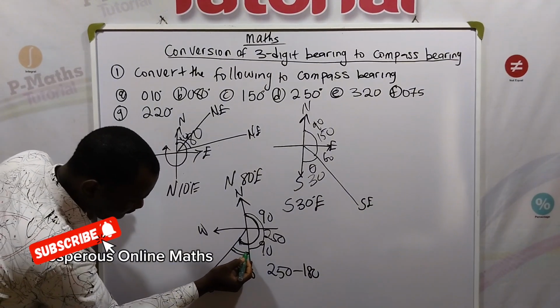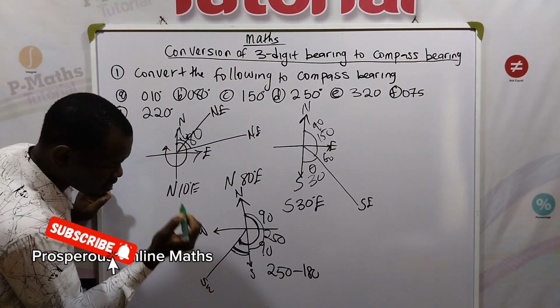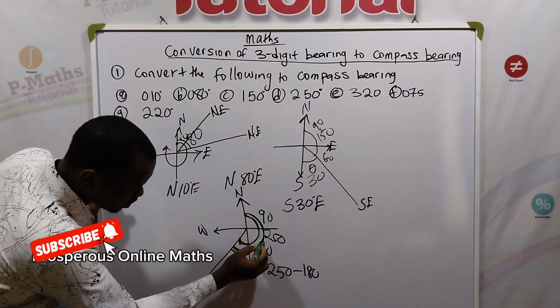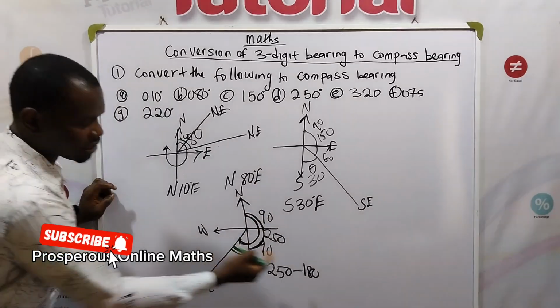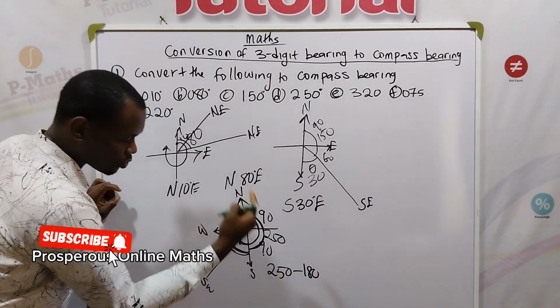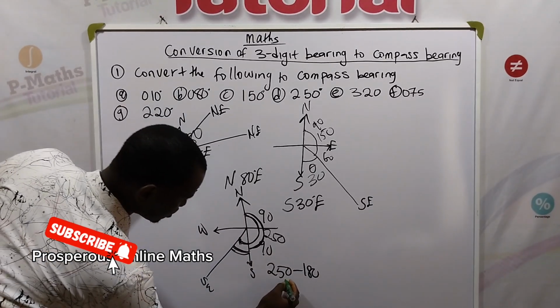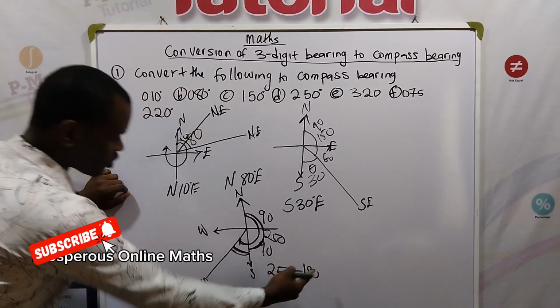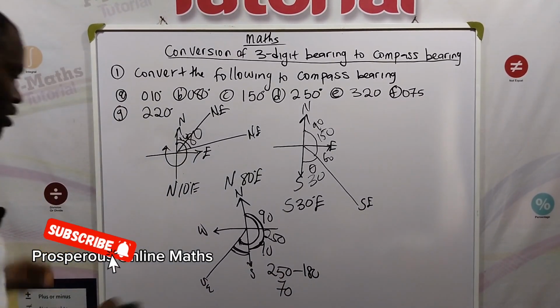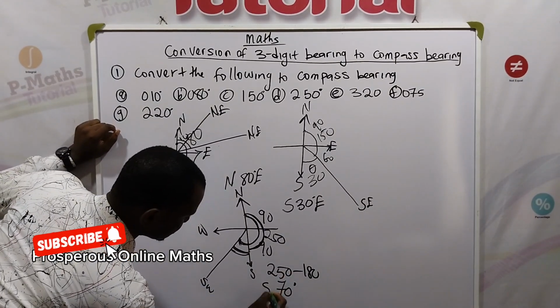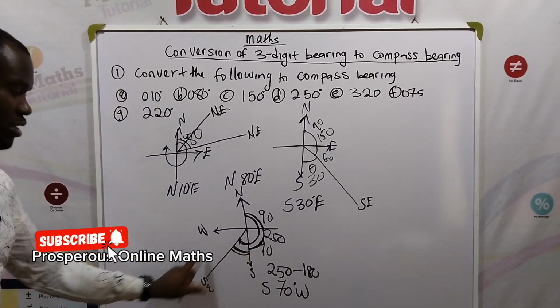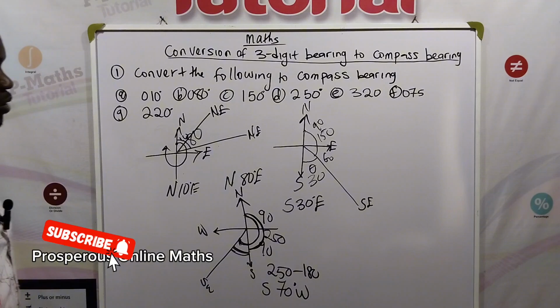So if I want to get the angle inside this little space, simply take away the angle from here to here. That is 180. From 250, you get the angle you are looking for. So that angle should be 70 degrees. When you subtract, you have 70 degrees. So we write it as south 70 west because it is in between the south and the west.